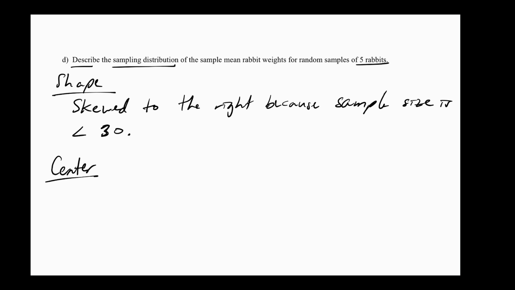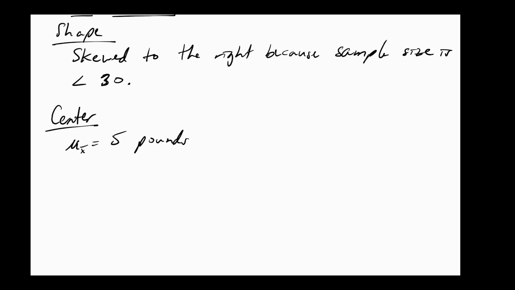Still 5. Spread. 4 divided by the square root of 5. 1 point something. 1.7888.